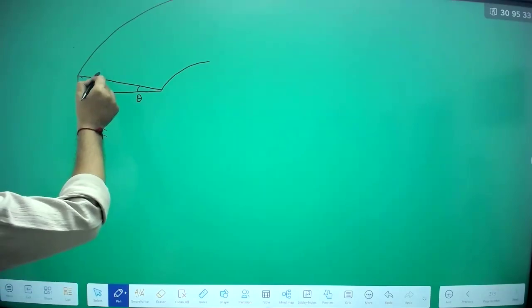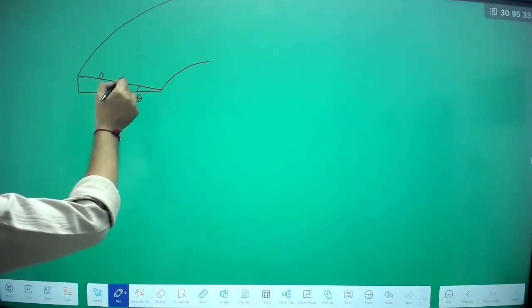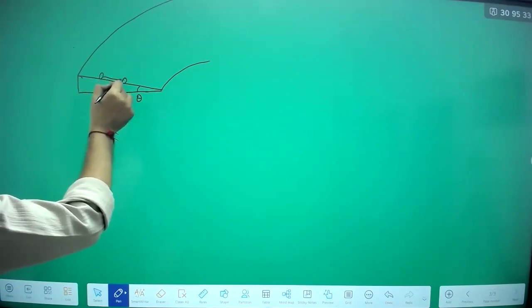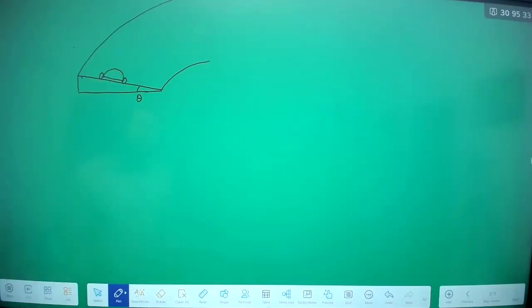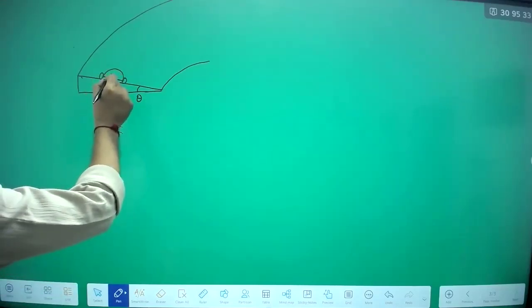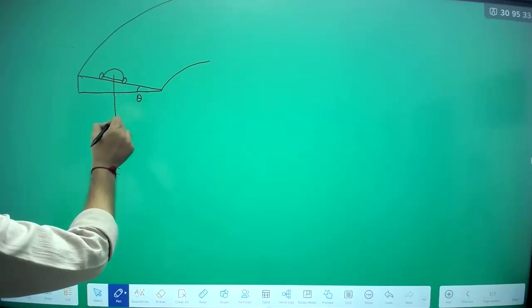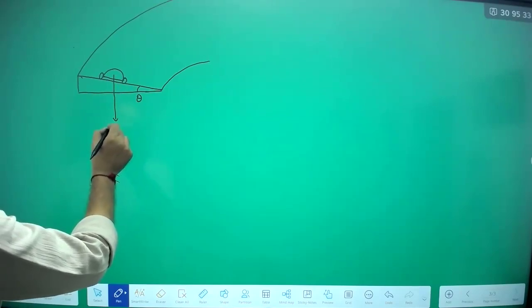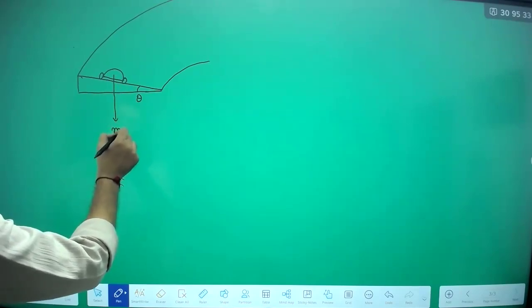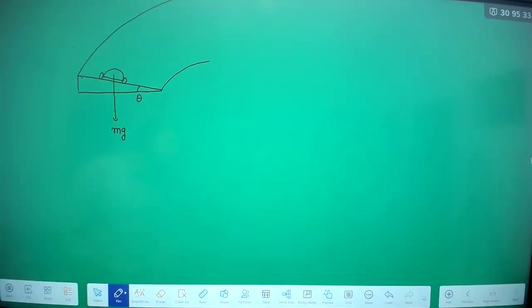And what will be the effect of this? Suppose a car is moving here like this. Its weight still acts in the vertically downward direction, which is mg. What will be the direction of the reaction of the road on this car?